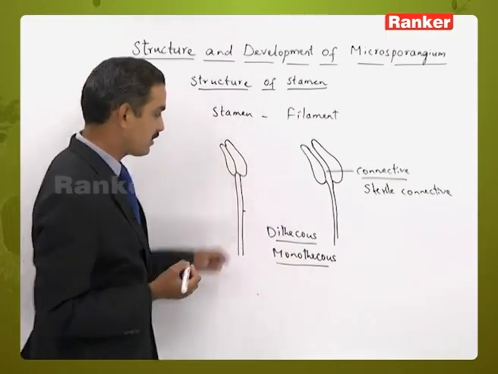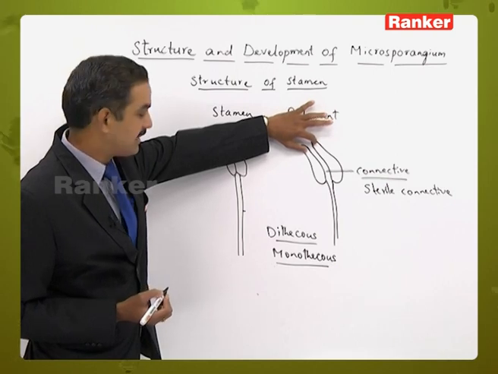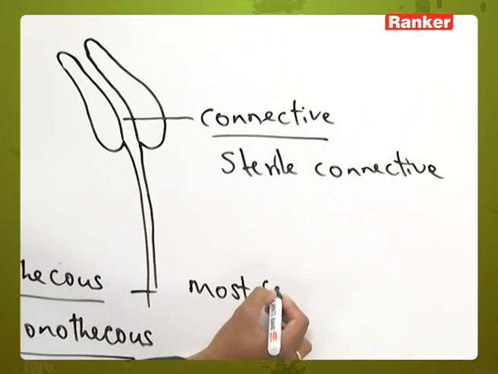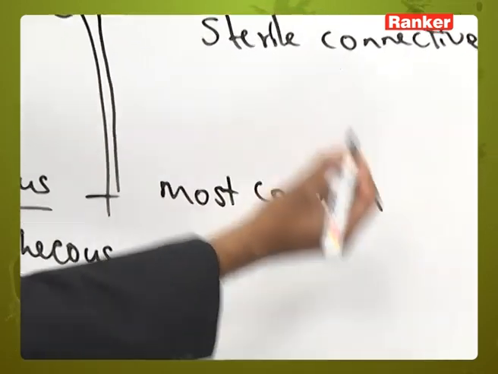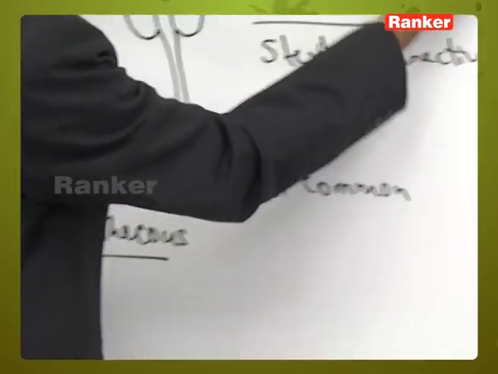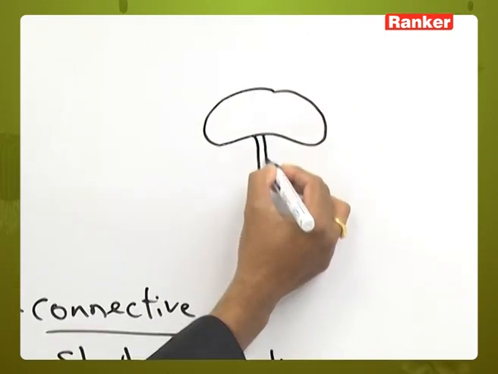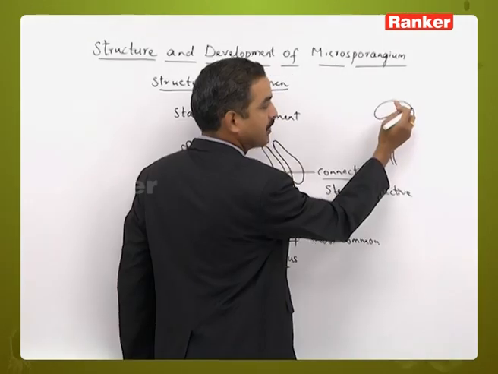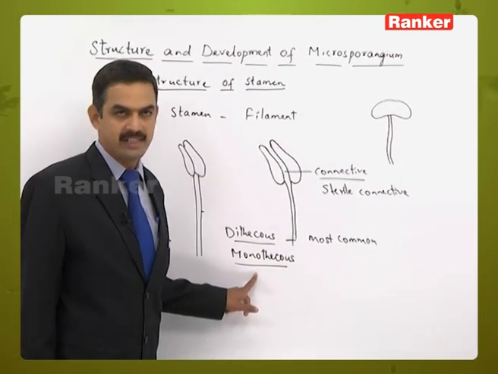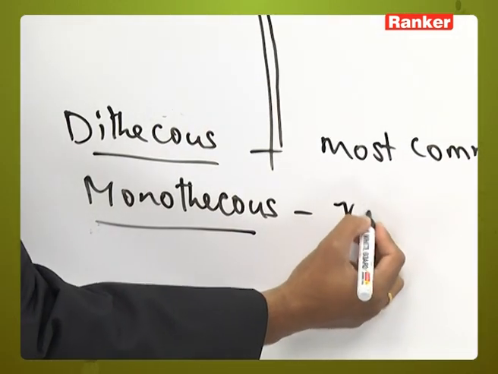Dithecous anthers are those which contain two anther lobes, and this is considered the most common type in angiospermic plants. Whereas in the monothecous condition, only one anther lobe is present. So this is a filament and this is an anther, and this anther contains only one anther lobe. We consider that a monothecous anther, and it is very rarely seen.